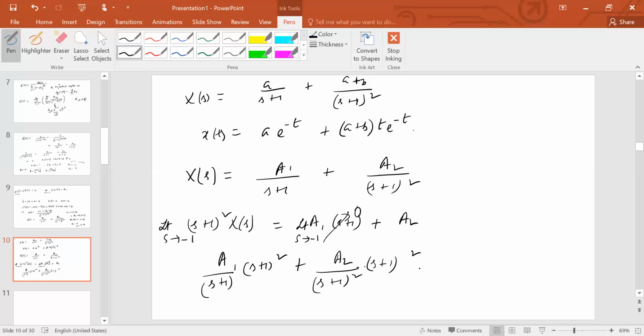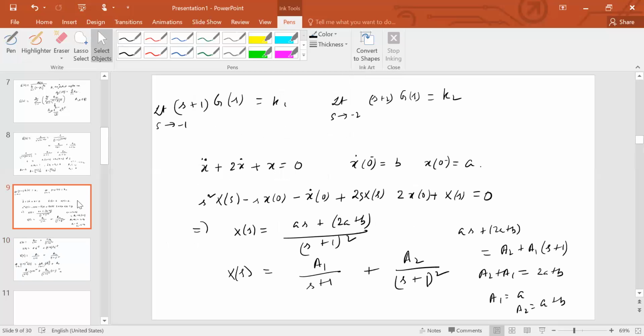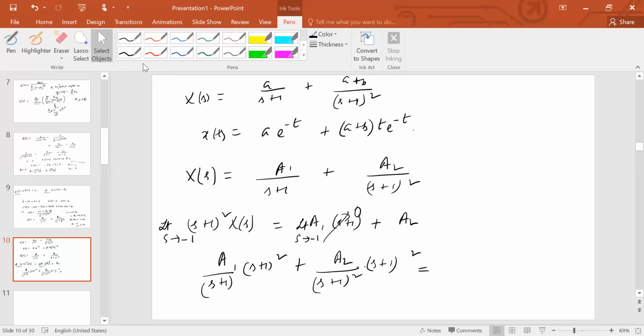This is going to be, what was the numerator polynomial here? As plus 2a plus b. This is going to be as plus 2a plus b.